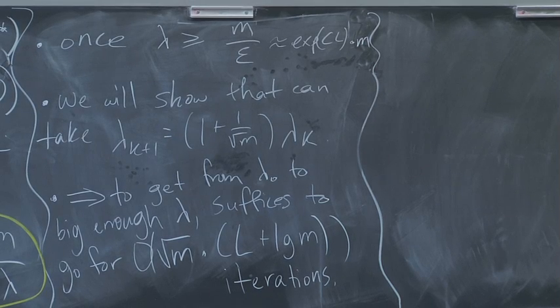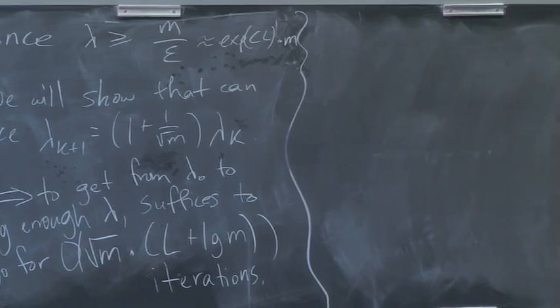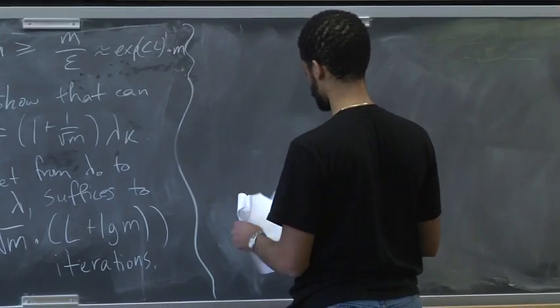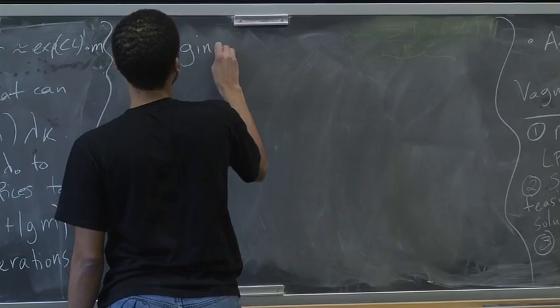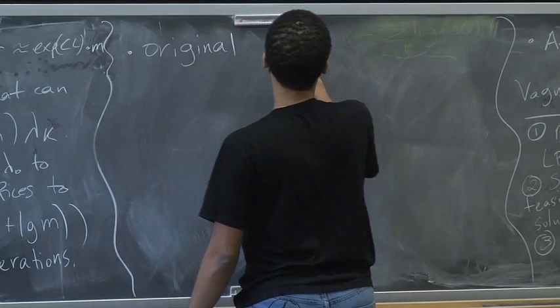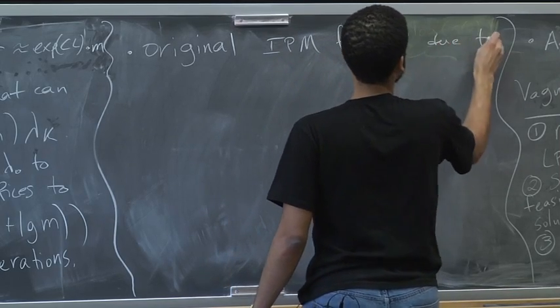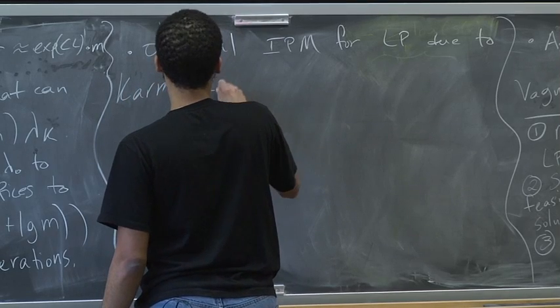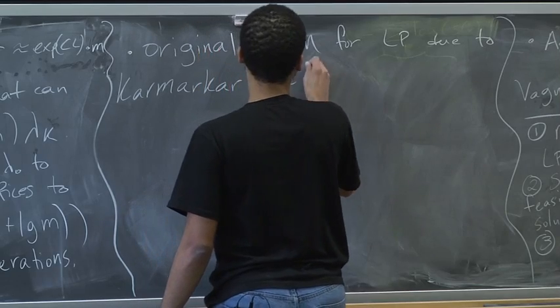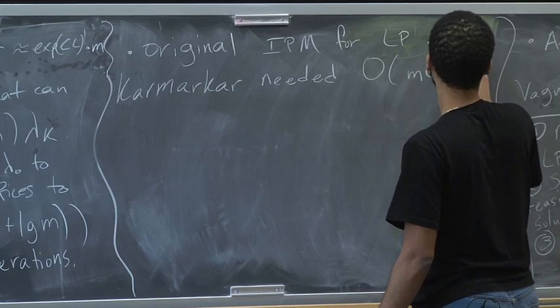And just a little bit of history before I continue. So the original IPM for LP due to Karmarkar needed something like O of mL iterations.